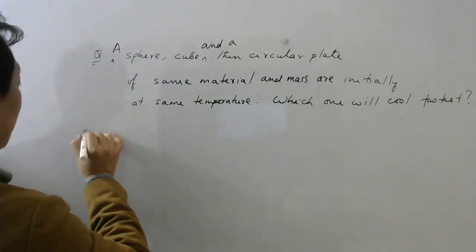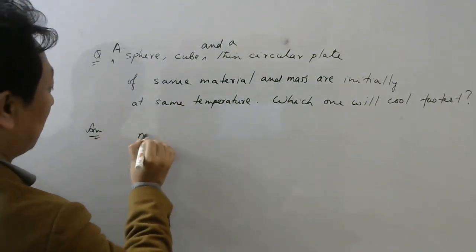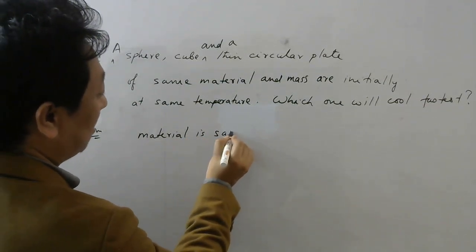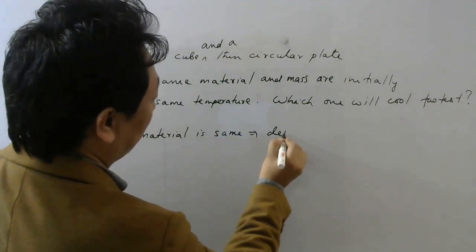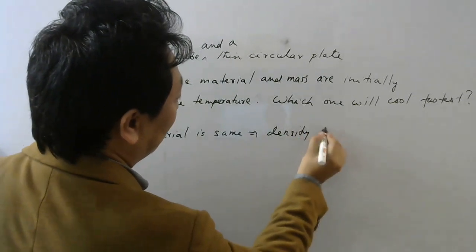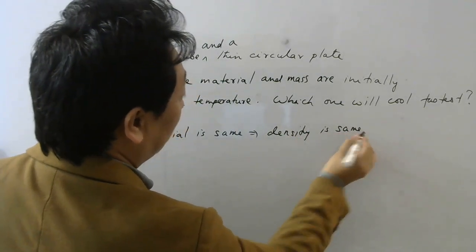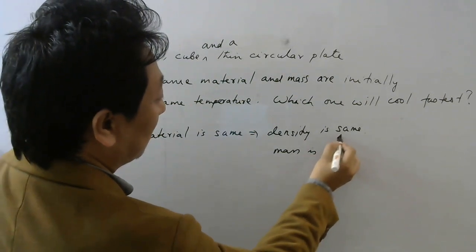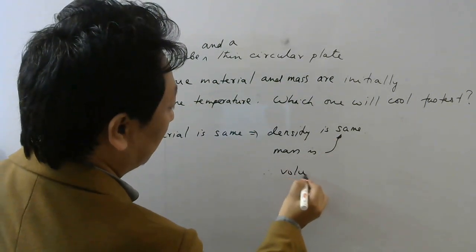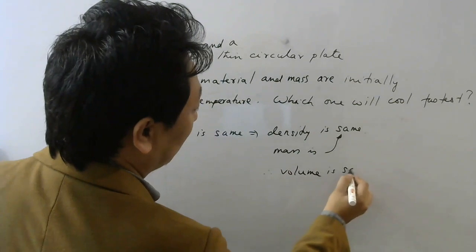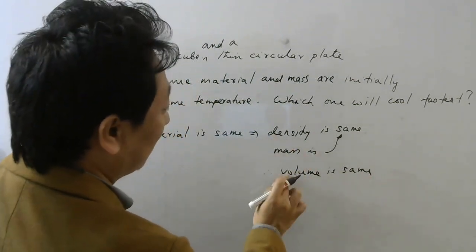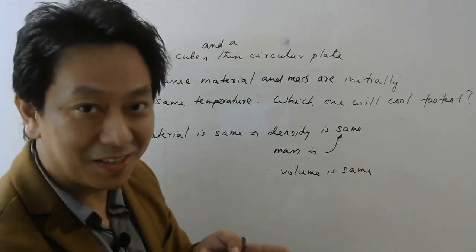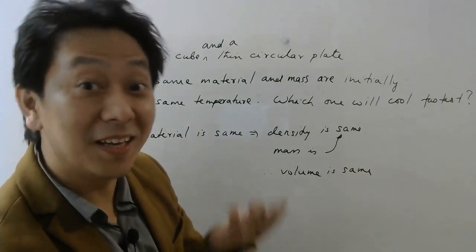Now, if they say material is same, then it means density will be same, right? Density is same. If density is same, mass is also same, right? Therefore, volume of the three bodies has to be same because these three are related. Density is mass by volume. So if two numbers are same, the third number also has to be same, right?